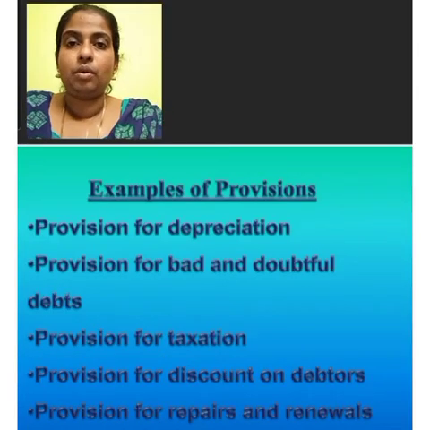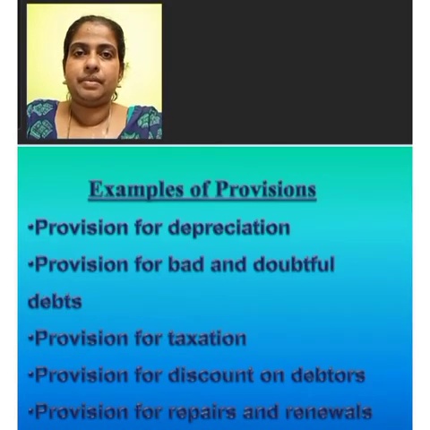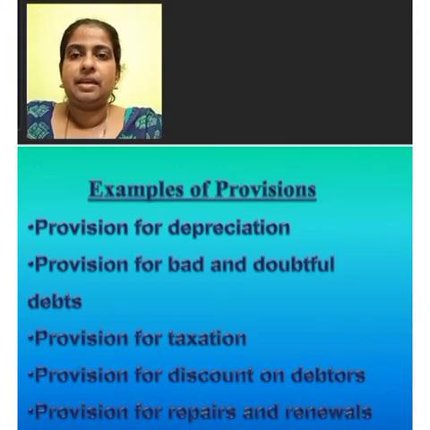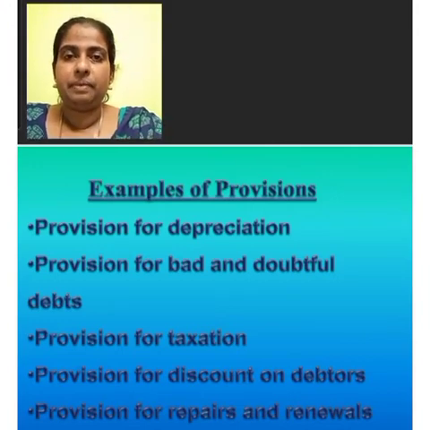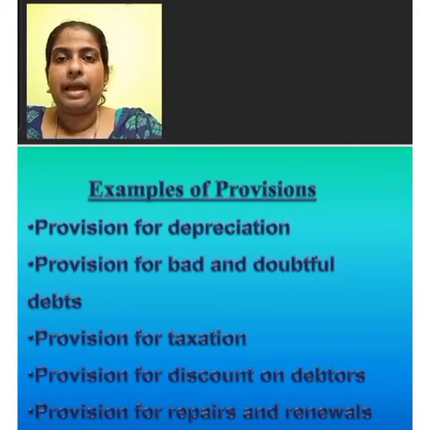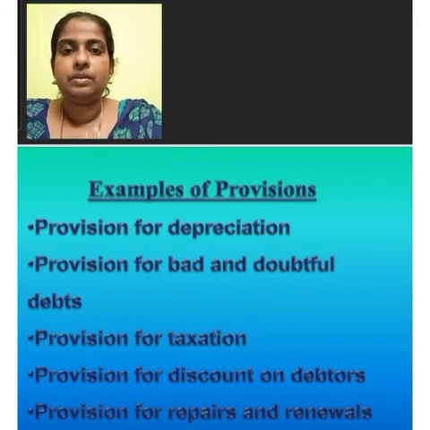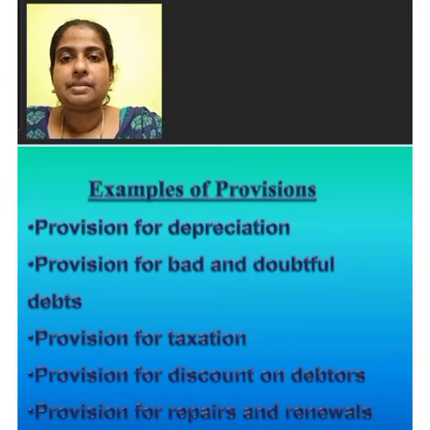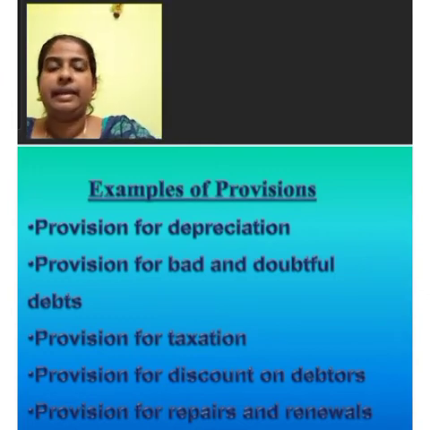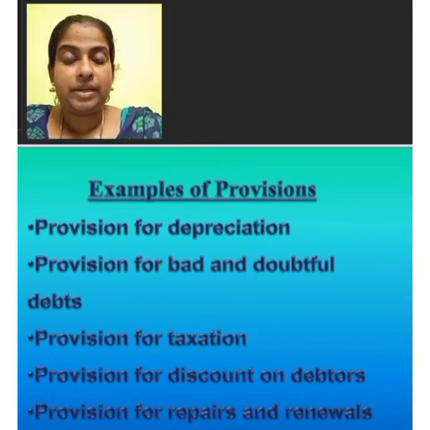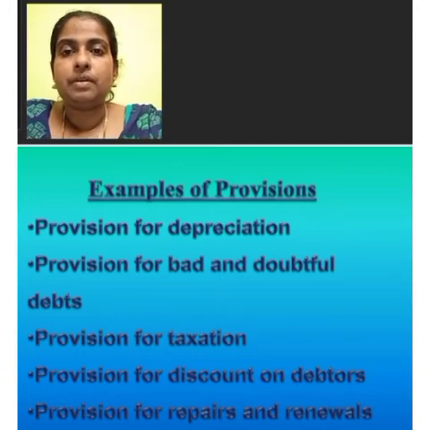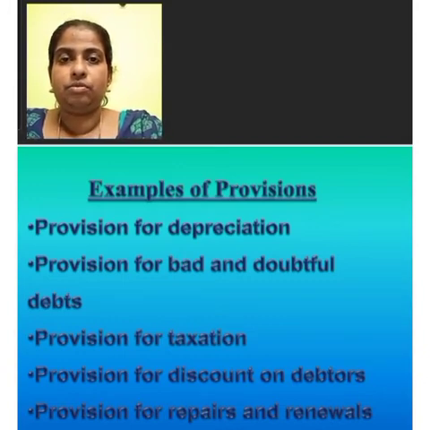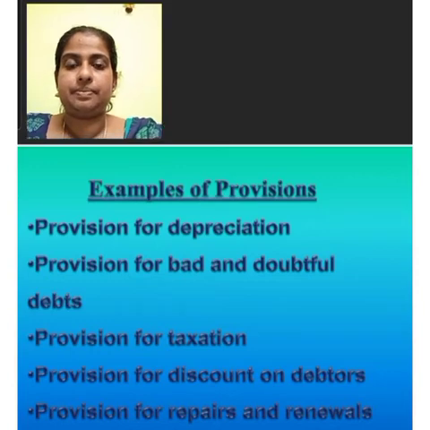Another type is provision for discount on debtors. It is the trade practice that when the debtors make the immediate payment or the payment at an early date, we allow them discount at a certain rate. As it is the trade practice, it seems to be judicious that we should make the provision for discount on debtors.